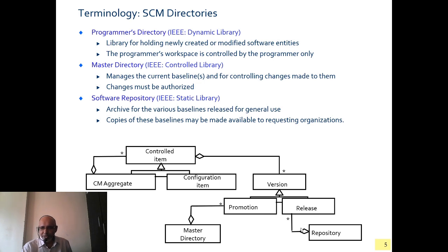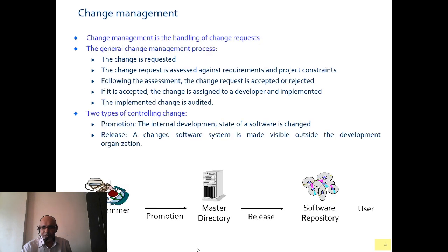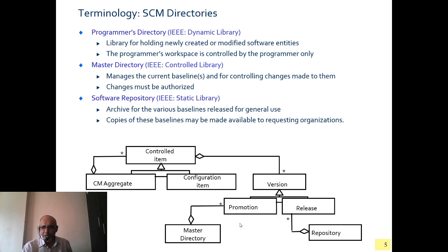Multiple releases make up the software repository, and multiple promotions make up the master directory. Going back to our example, multiple promotions make the master directory, and multiple releases make the software repository.